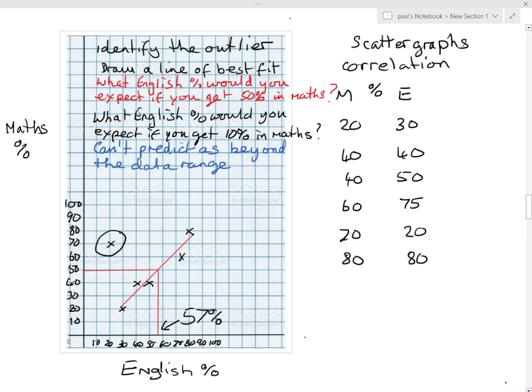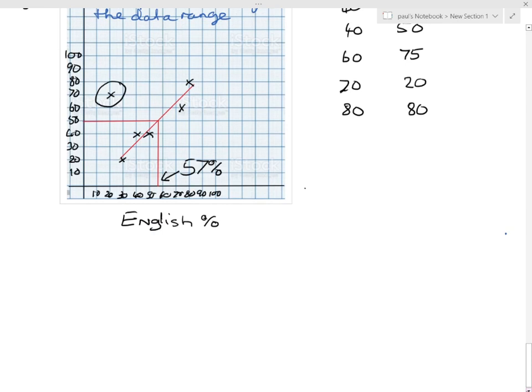Okay, so the other kind of thing for scatter graphs is identifying correlation. This is simply just matching up graph A with description C, graph C with description D, that sort of thing.